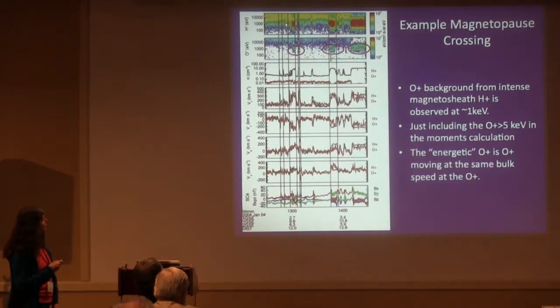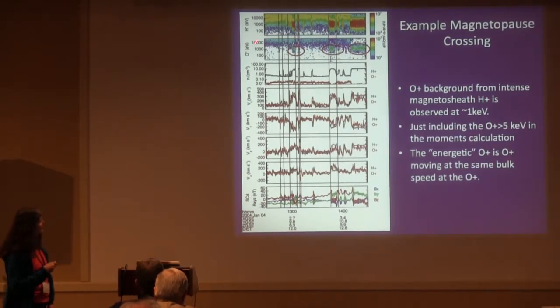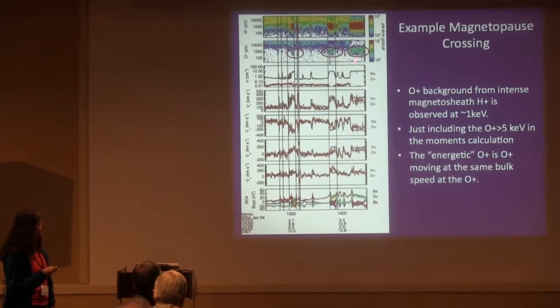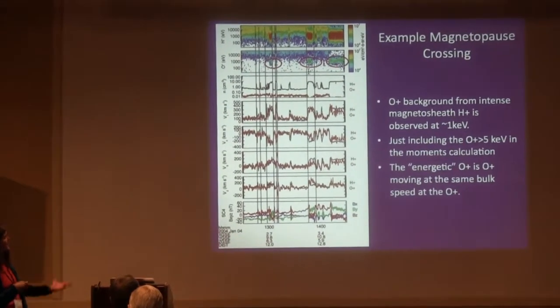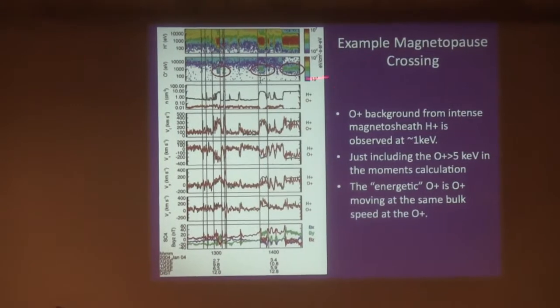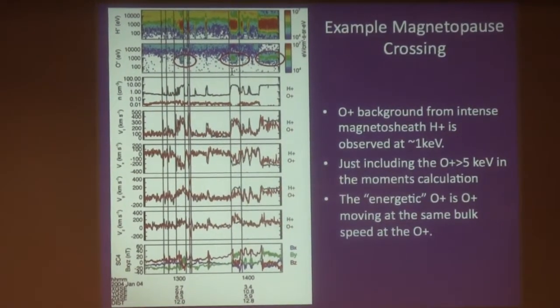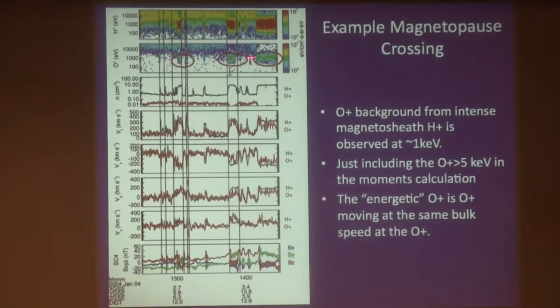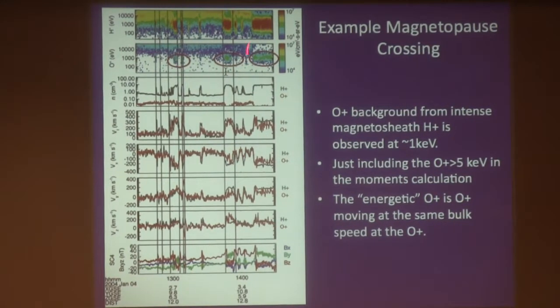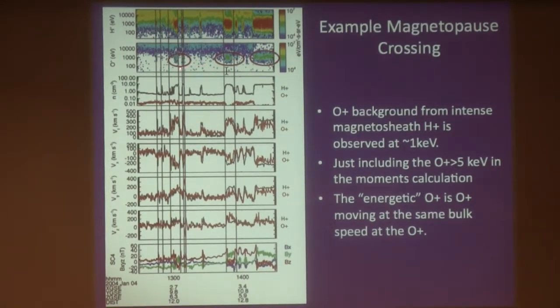Here we're in the magnetosphere, then you can see the dense magnetosheath flowing population. If you look at the oxygen, the population that I have circled here is actually just crosstalk from the very intense protons. We have like a 1% spillover into the oxygen, and 1% turns out to be a lot when you're talking about the magnetosheath. So that's not real oxygen, but this more energetic population is.